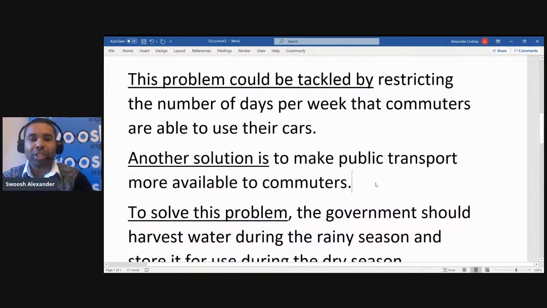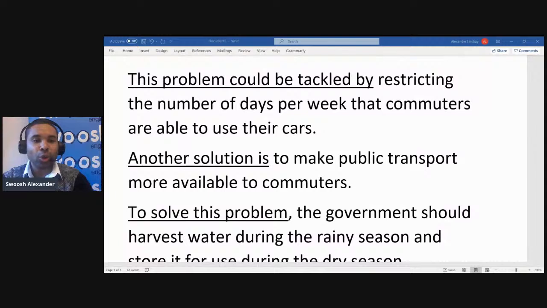So yeah, making public transport more available. Maybe this means increasing the number of buses. Maybe this means reducing the price of public transport, for example. But the point is that we can use the beginning of this sentence, another solution is, and then we can complete our idea using this structure.